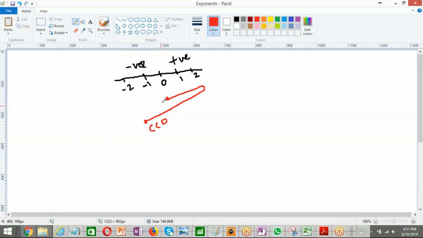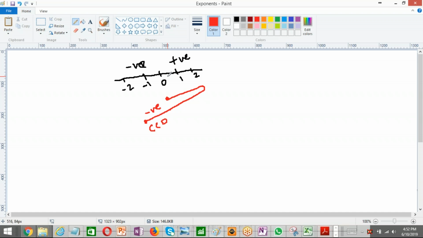So in that case, this will be the negative direction. Negative direction means the displacement is negative. So displacement can be positive or negative, but distance will always be positive.